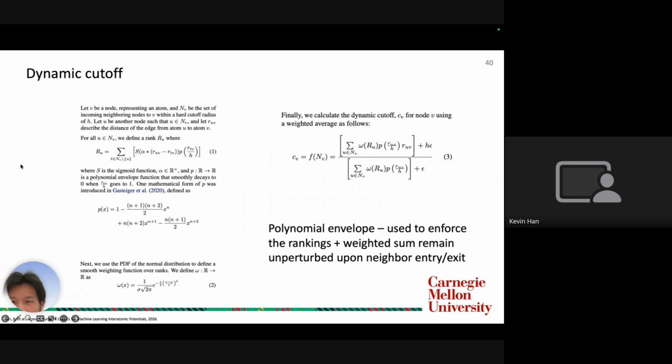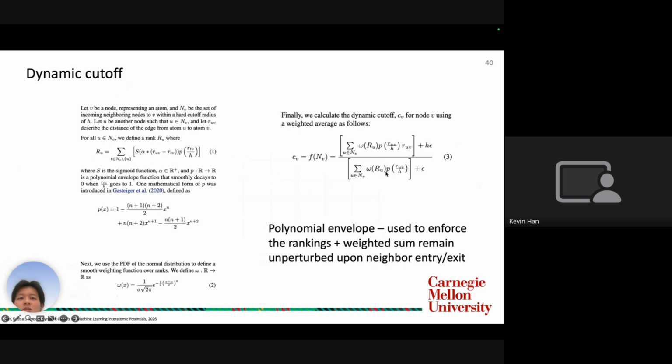And the way we do this is a somewhat well-documented technique: we do this sum of sigmoids, where for all the other neighbors of V that are not U, we calculate whether or not that neighbor is closer to the center node V than U is, and then we just sum up the sigmoids, right? And this makes the ranking somewhat smooth.